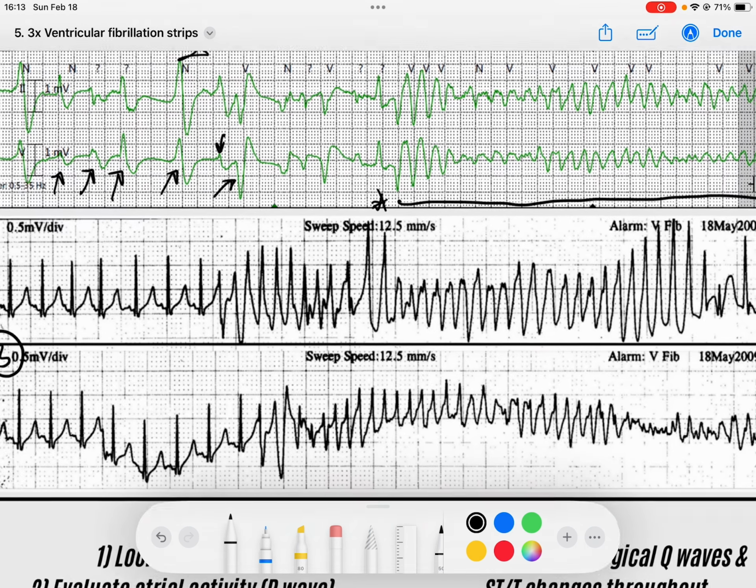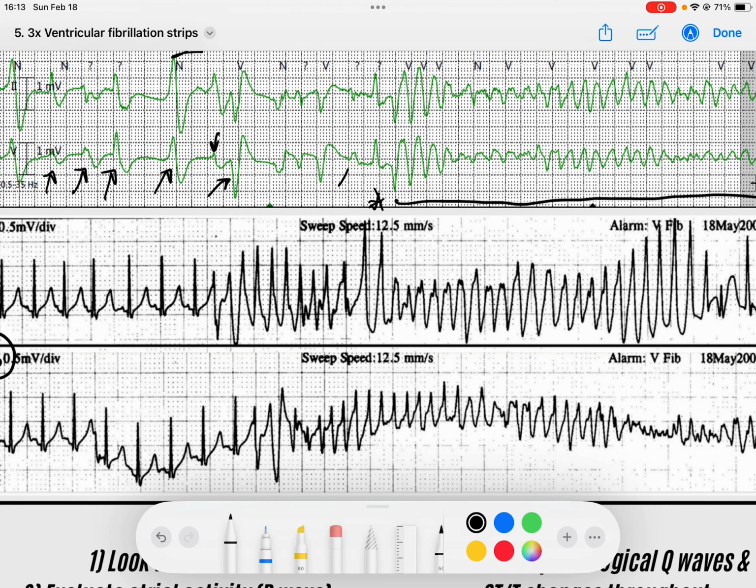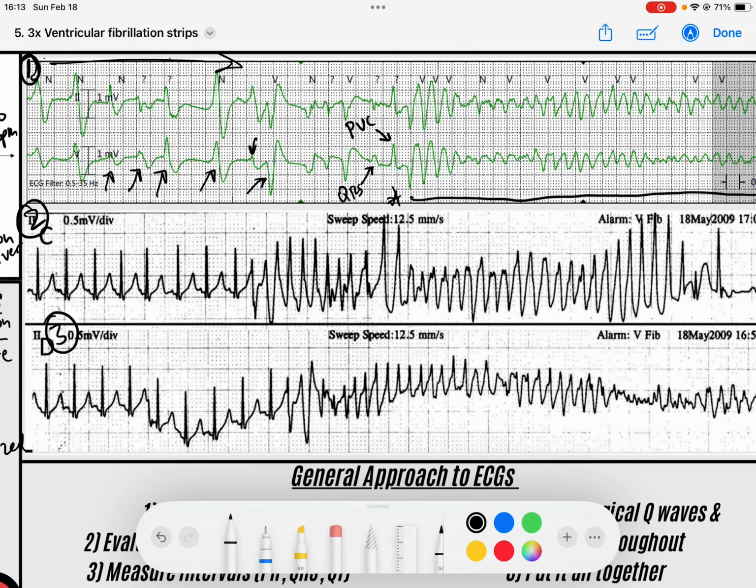You can see it's initiated by a QRS there, and then what appears to be some type of premature ventricular contraction that kicks off this beat. The premature ventricular contraction occurs right after this QRS, and it kicks off this rhythm. Notice for 1, this is a polymorphic rhythm.